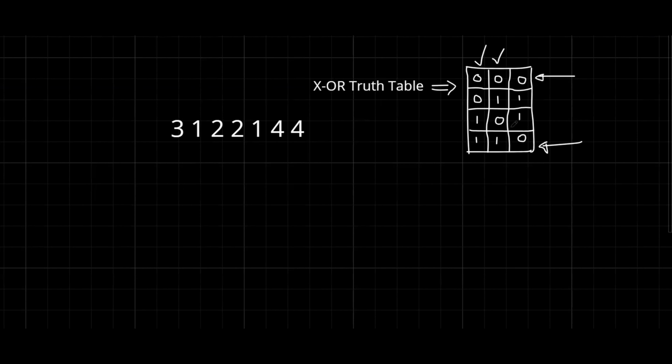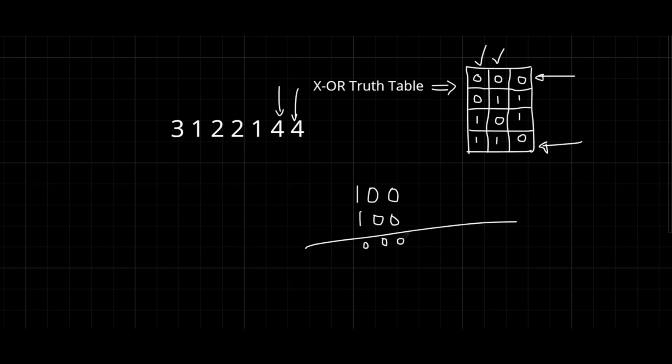We can use exactly this logic to eliminate the duplicate values. Suppose we are at the current element 4. The binary representation of 4 is 100. And suppose we are considering the second 4. Again, the binary representation of this 4 is also 100. And if we perform the bitwise XOR operation, the result will be 0, 0, and 0, because if both of the bits are equal, then the result will be 0.